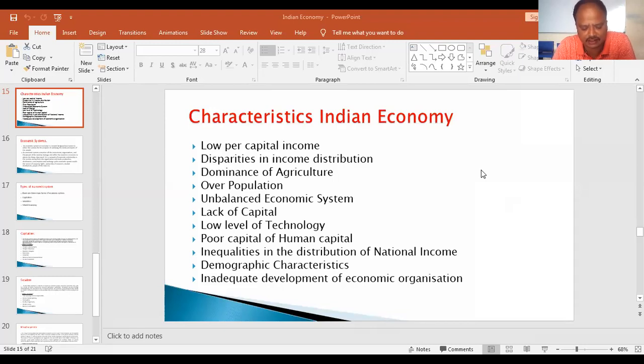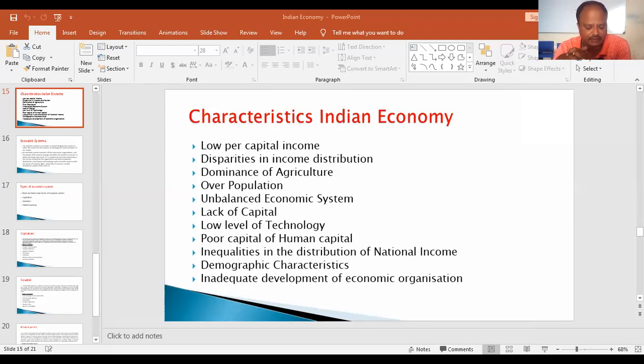These are the points we discussed: low per capita income, disparities in income distribution, dominance of agriculture, poor population, unbalanced economic system, lack of capital, low level of technology, poor capital of human resources, inequalities in the distribution of national income, demographic characteristics, inadequate development of economic systems. There are various other things, but we have taken only a few.